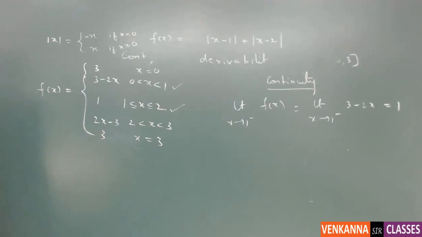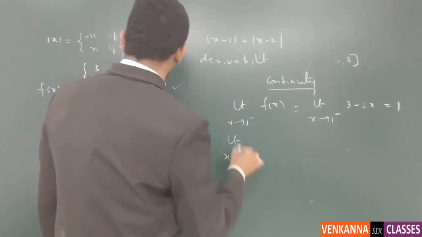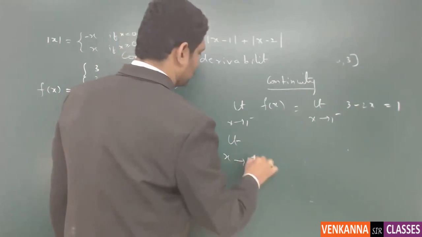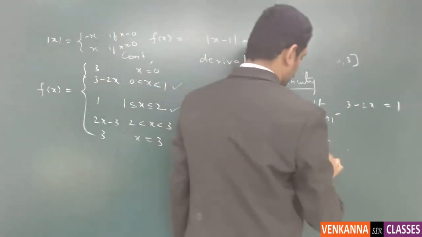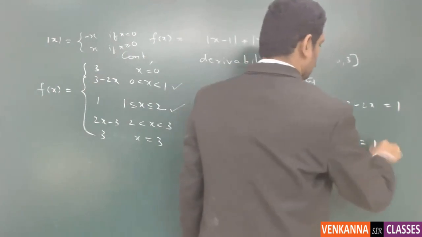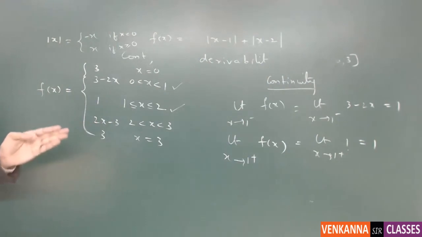So let us calculate the right limit. Since the left limit, right limit and also the function value are equal, it is continuous at the point 1. Agreed?